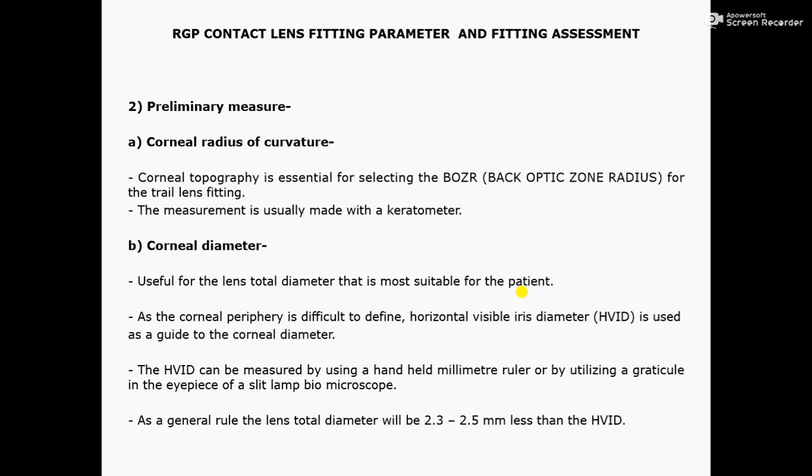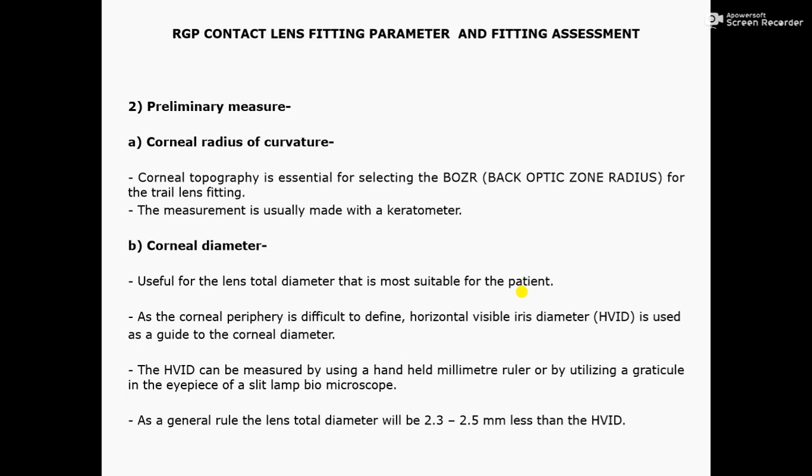The horizontal visible iris diameter can be measured using a handheld millimeter ruler or a reticle in the eyepiece of a slit lamp biomicroscope. As a general rule, the lens total diameter will be 2.3 mm to 2.5 mm less than the horizontal visible iris diameter.